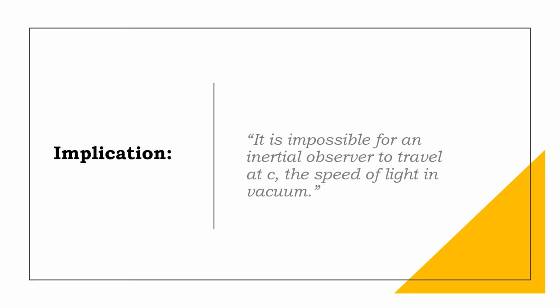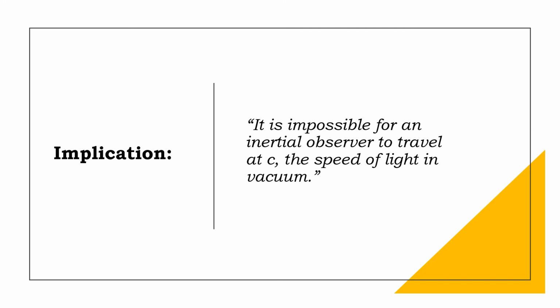This postulate implies that it is impossible for an inertial observer to travel at c, which is the speed of light in vacuum. To illustrate this statement, consider a rocket which is launched from a space station. Light is emitted from the station at 300,000 kilometers per second, equivalent to the speed of light in vacuum.